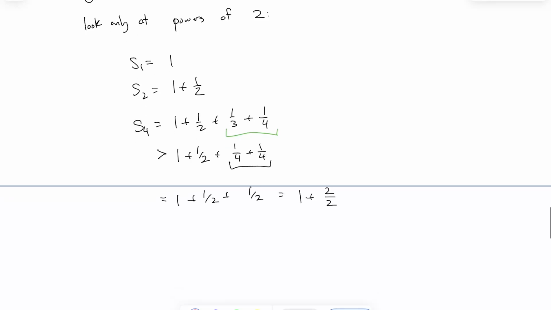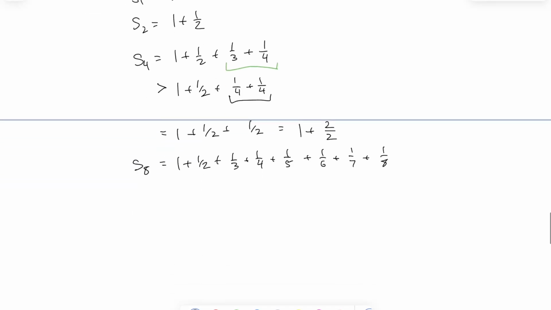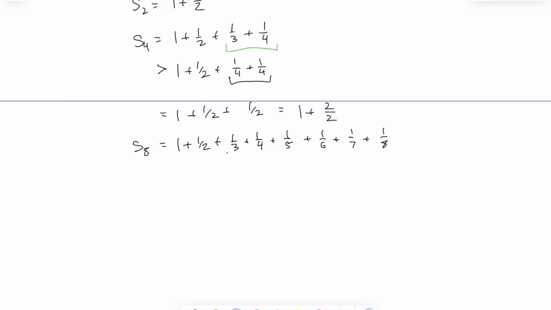Okay, what about the 8th partial sum? I'm going to do a similar trick on S8. So this is 1 plus a half plus a third plus a fourth. I'm going to write them all out. You got to go all the way up to 8, all right? But I'm going to do a similar grouping. I'm going to group the 1/3 and the 1/4, like so.